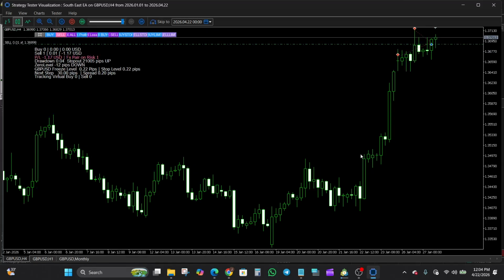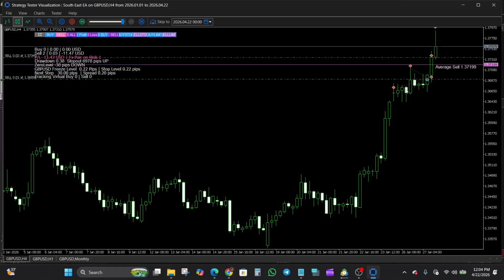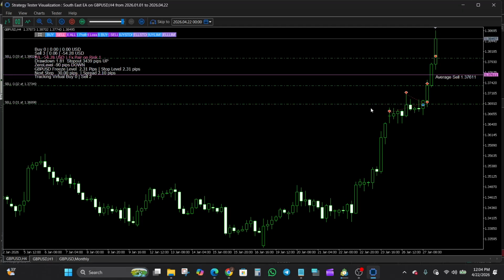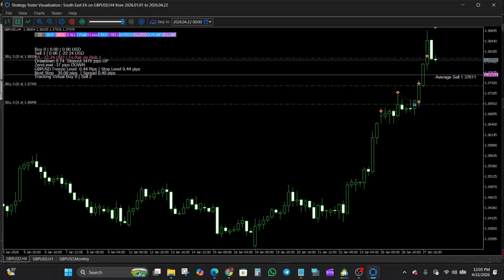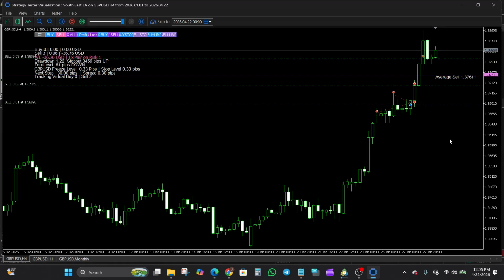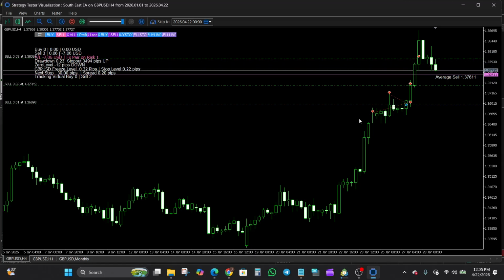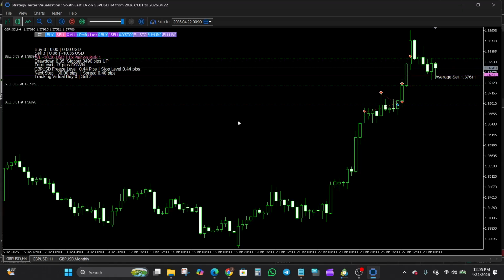So instead of letting exposure grow endlessly, it starts managing the basket more carefully. So instead of holding up everything until full recovery, the EA also cuts down heavy exposure to free up margin. Now that's a key difference compared to aggressive grid systems, right?